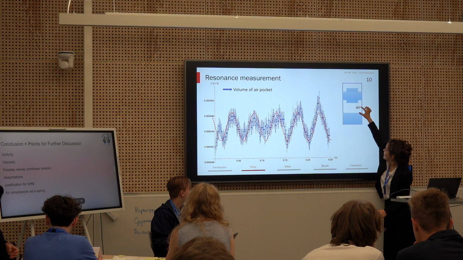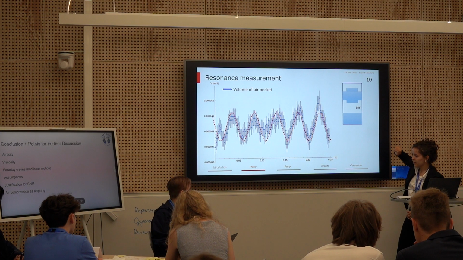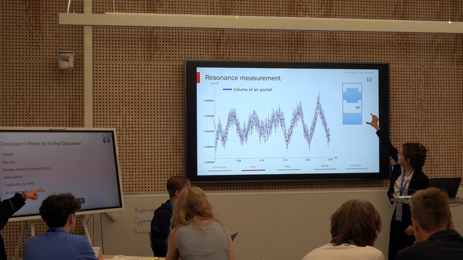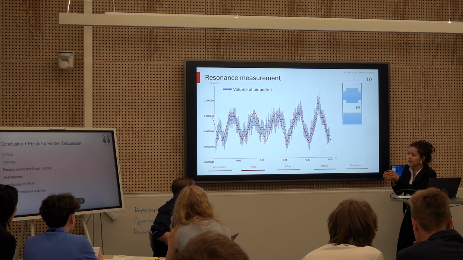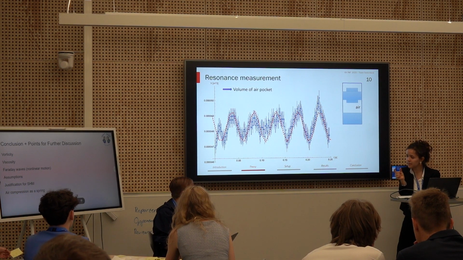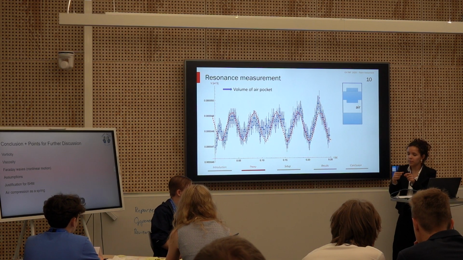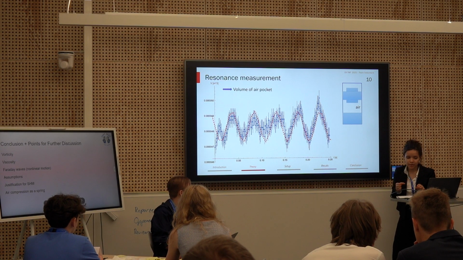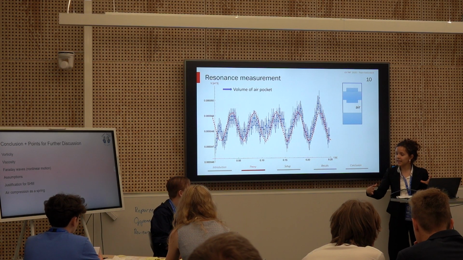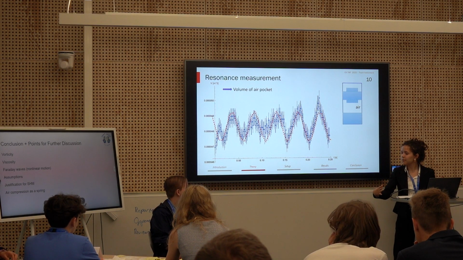Only this part is really oscillating freely. That's why, with small containers of only 3 centimeters in diameter, the border effects are much more important than with a larger container of 6 centimeters in diameter.